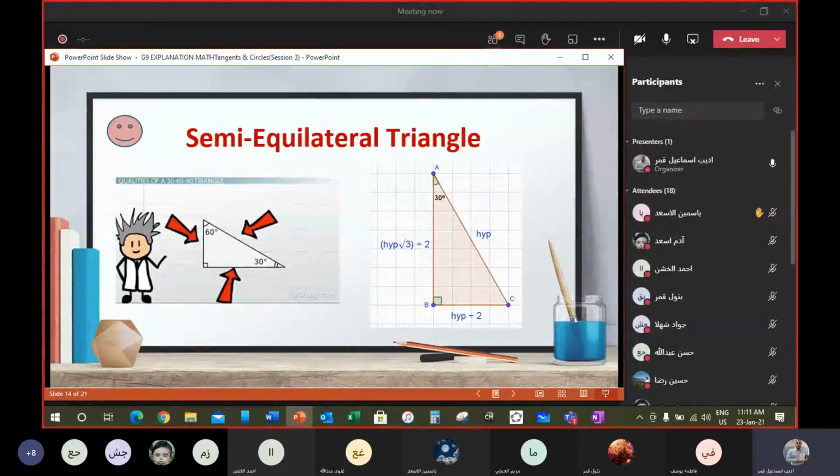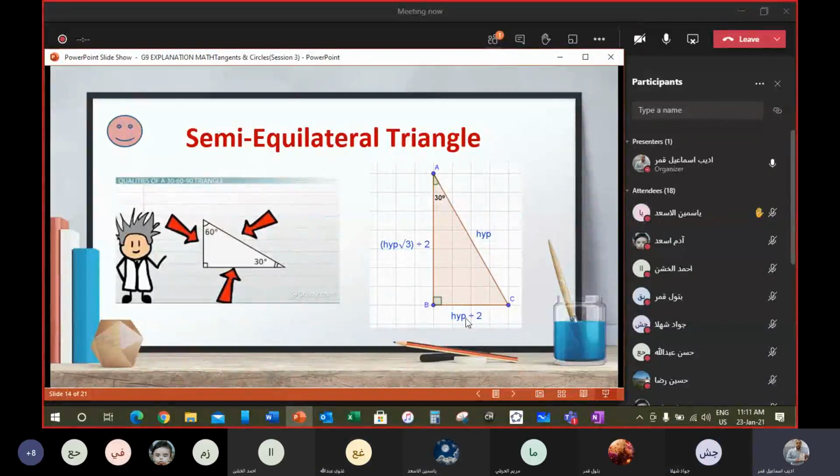How do I know it's a semi-equilateral triangle? It has angles 30, 60, 90. In a semi-equilateral triangle, the side opposite to angle 30. In this example, which is the side opposite to angle 30? BC is opposite to angle 30.